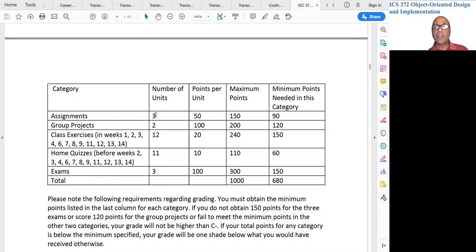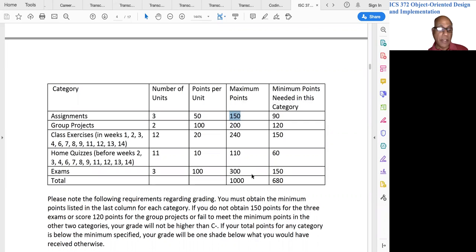So there are 3 individual assignments, no collaboration here, 50 points per unit, 150 points, 2 group projects, 100 points each, 200 points, and so on. So you can also see this column here. You are required to get at least these many points for each one of these categories. For example, for the individual assignments, you have to get 90 points out of 150.